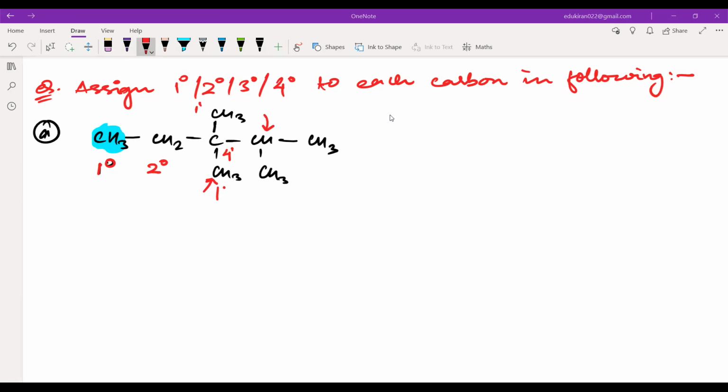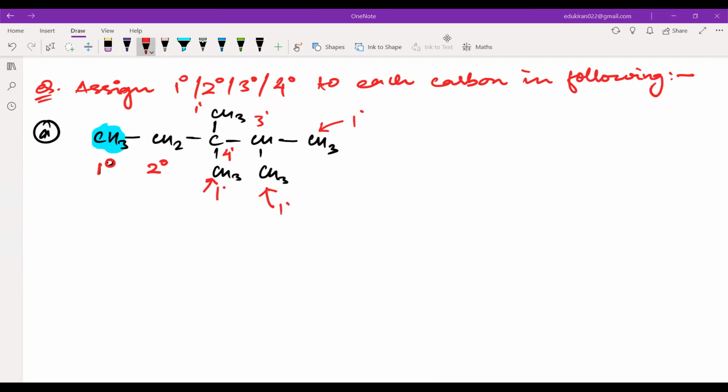It is attached to how many carbon atoms? 2, and the other one on this side, so 3 carbon atoms. What about this carbon? 1 degree. This carbon atom is also 1 degree.